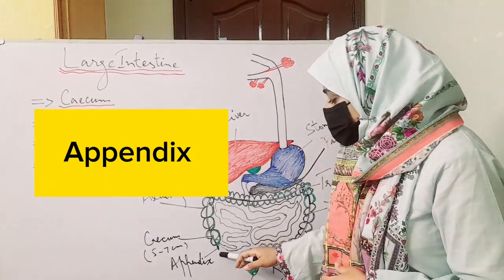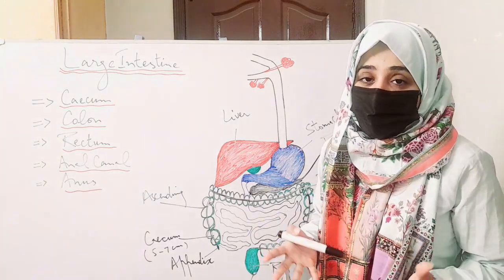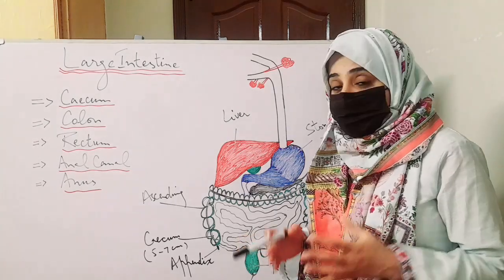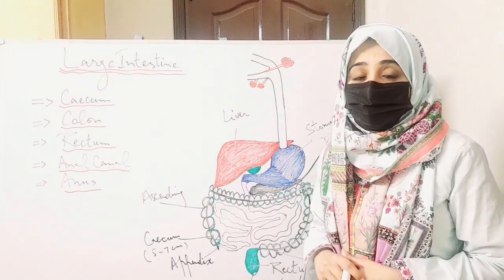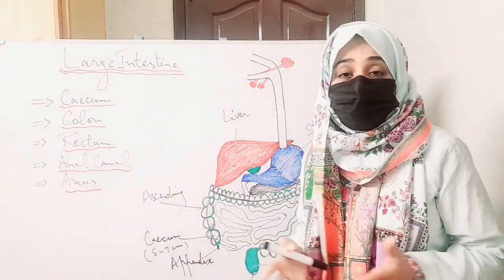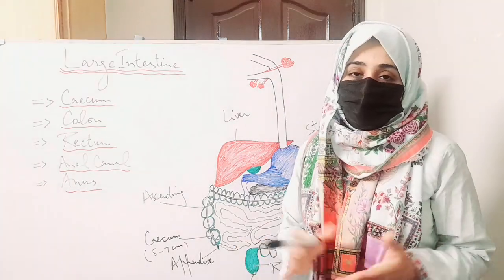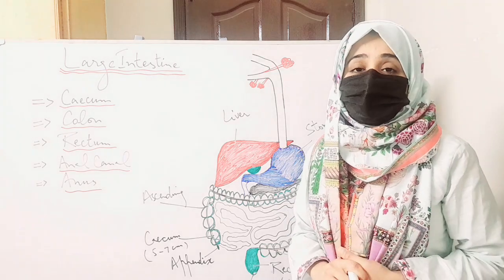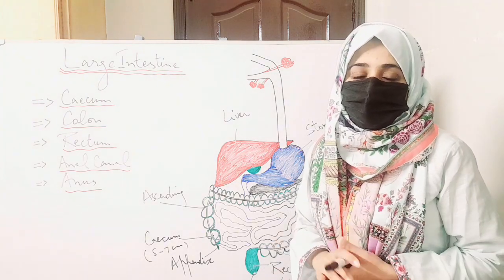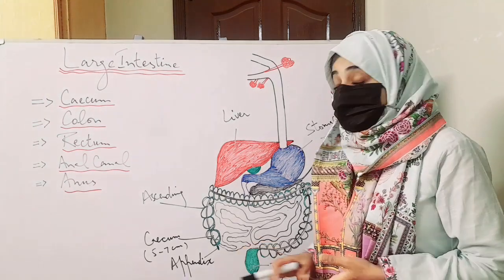Sometimes this appendix becomes swollen, sore, or diseased or infected due to the presence or blockage of parasites, mucus, and waste products in the appendix. So this swelling or soreness of appendix is called as appendicitis. Appendicitis is a disease condition that causes severe pain, nausea, vomiting, loss of appetite in the patients, and it is life-threatening.